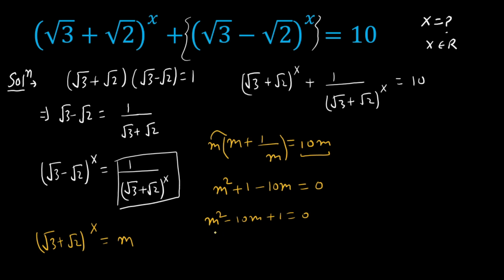Now we will apply the quadratic formula. Here the value of a is 1, the value of b is −10, and the value of c is 1.